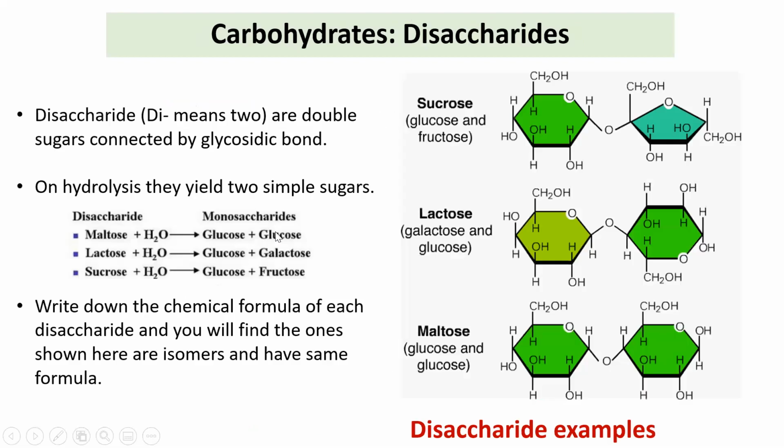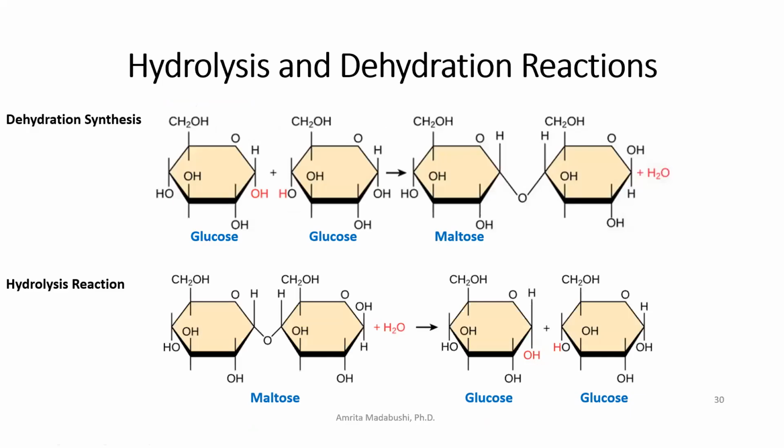Similarly, also polymers. And I was pretty excited to see how you guys were able to show some of those dehydration and hydrolysis reactions. I think a lot of people did a great job. And if for any reason you didn't get full points, you can always go back and do it. I'm pretty sure that will help you in understanding.